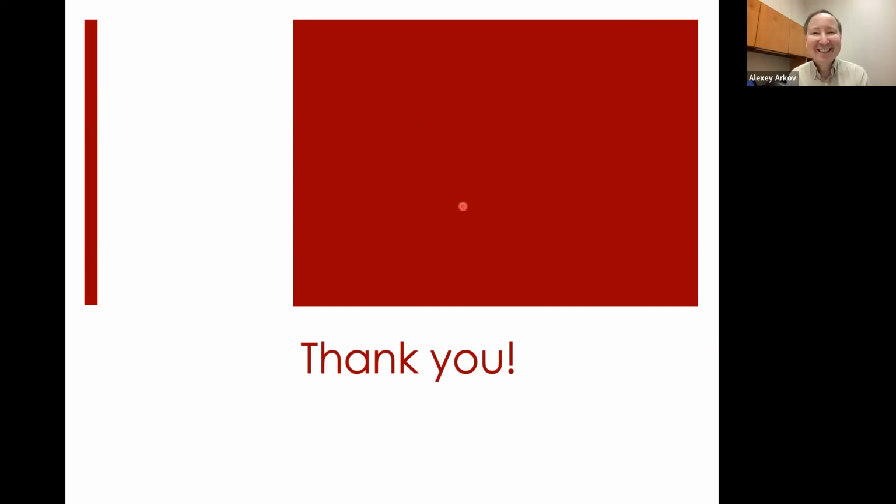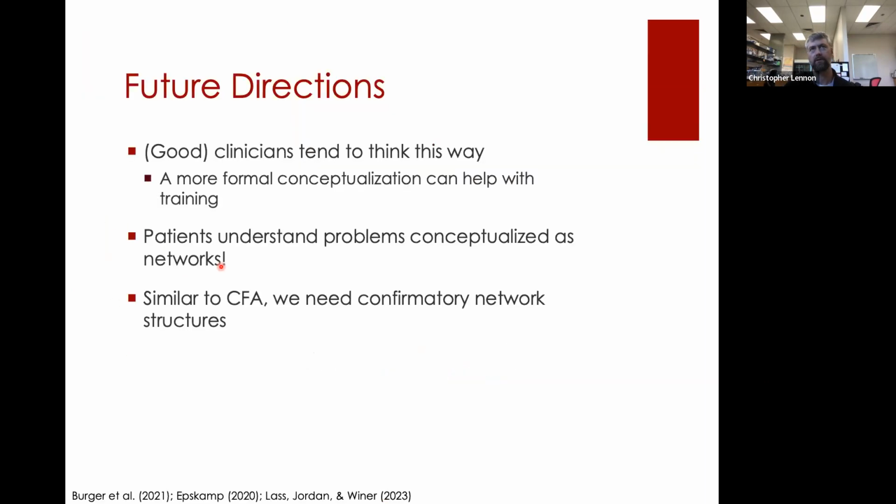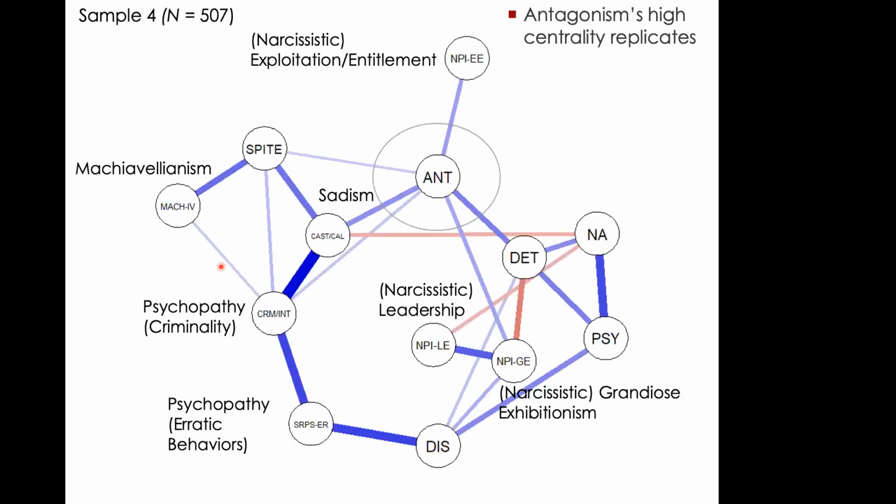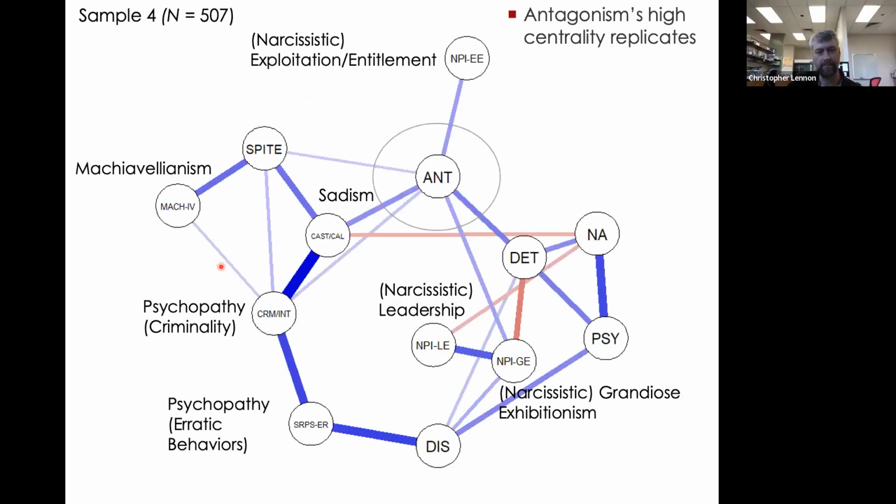Great. Any questions? Yeah, I had one. So this antagonism, in all these different types of, I guess, Machiavellianism or psychopathy, things like this, I'm wondering if it's outward or if it's more hiding.